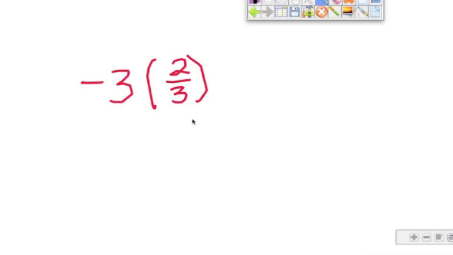What if we have something like negative 3 times 2 over 3? Well, I can make this into a fraction just by simply putting it over 1. So negative 3 over 1 times 2 over 3. And remember, when multiplying fractions, you do not need to have common denominators. The denominators can be different.